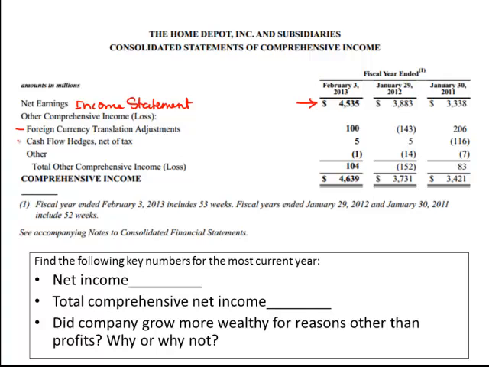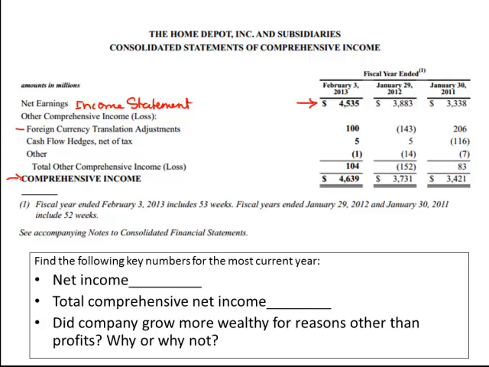Also, if they do any cash flow hedges, net of tax, those are also included here. Other things that you might find here is if the company owned a lot of available for sale securities, the market fluctuations of those available for sale securities, their unrealized holding gains and losses, are also included in this statement.